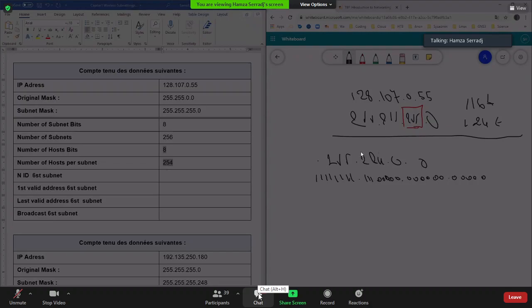Now I forget the weird number rule and put the real one: I increment in the block where I have the last bit of subnet. You see the last bit of subnet? It's on the second block, so I need to increment here.